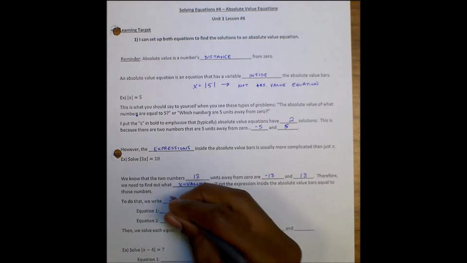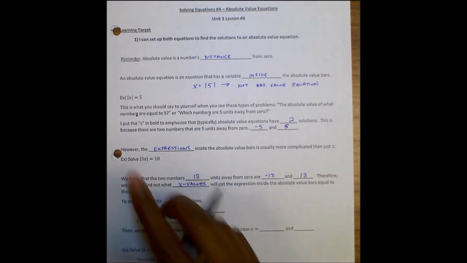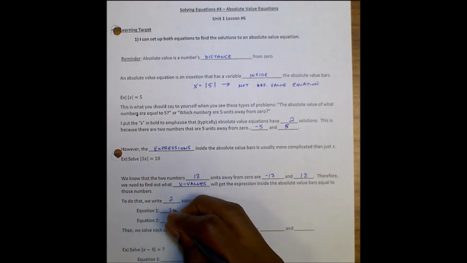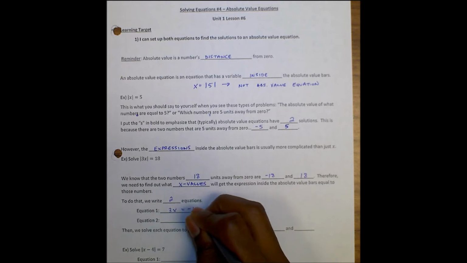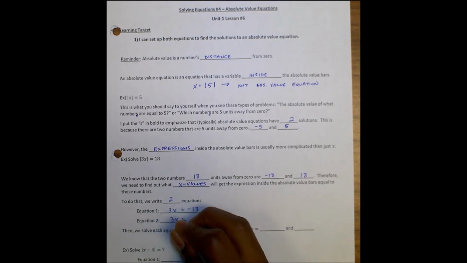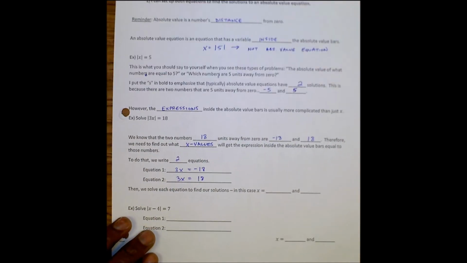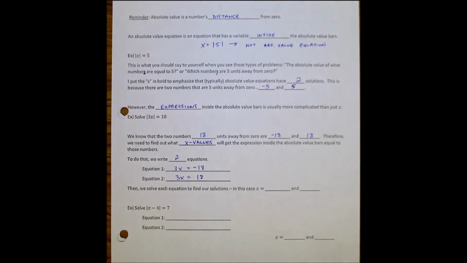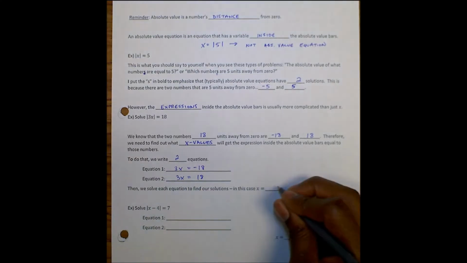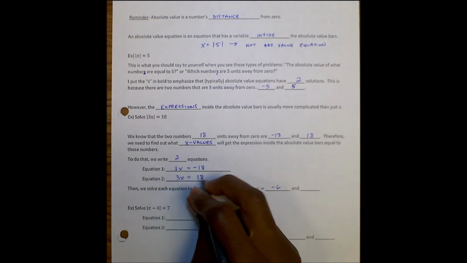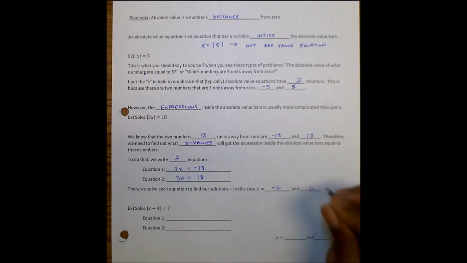Inside the bars could be negative 18 or positive 18. Those are the two numbers that are 18 units away from 0. And then we solve the equations. Divide by 3, we get x equals negative 6. Divide by 3, we get x equals positive 6.